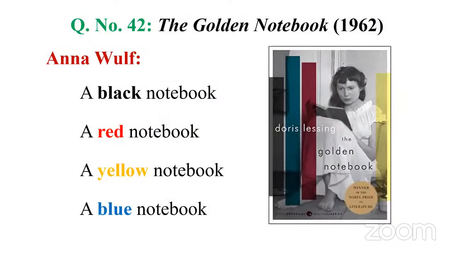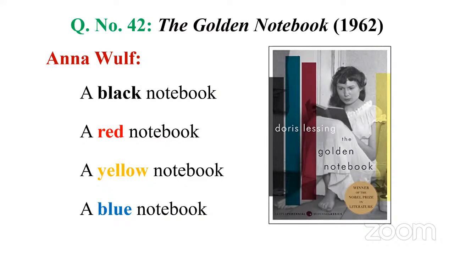So question number 42. This is an often quoted work, The Golden Notebook, the novel by Doris Lessing. In this work, we have an author called Anna Wulf, a character who is an author but suffers from writer's block. So she has been keeping notes.